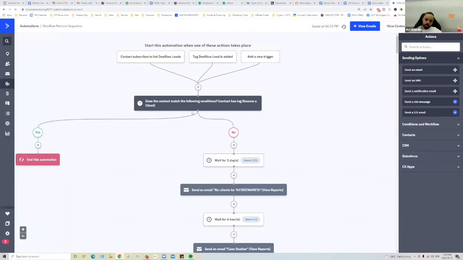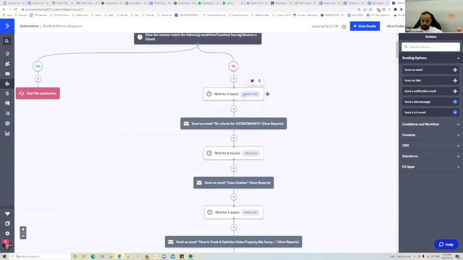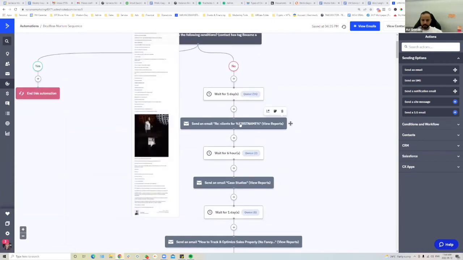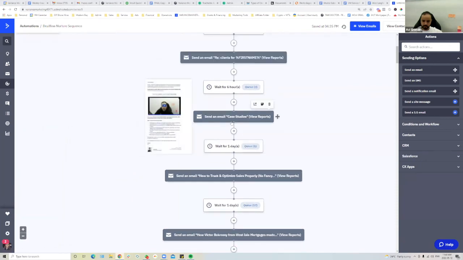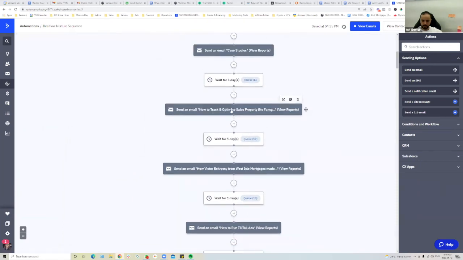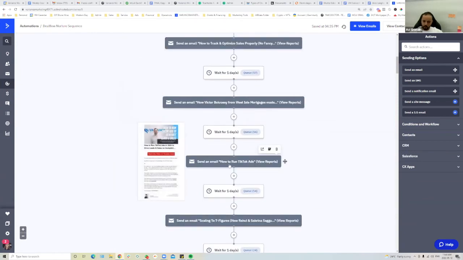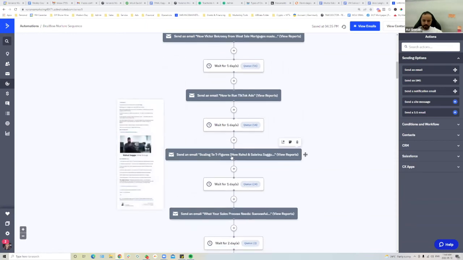Do you see how, when the deal flow leads subscribe, they become a lead, they wait a day, there's 15 people waiting a day, and then they get an email, and then they wait 6 hours, they get another email, and then they wait another day, get another email, wait another day, get another email. And so this is called corporate-wide follow-up, Alice. So this follow-up needs to happen on a regular basis, okay? So you need this automatic follow-up to continue regularly.